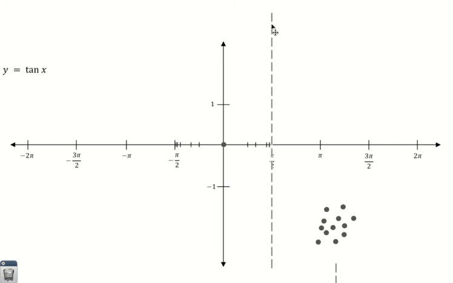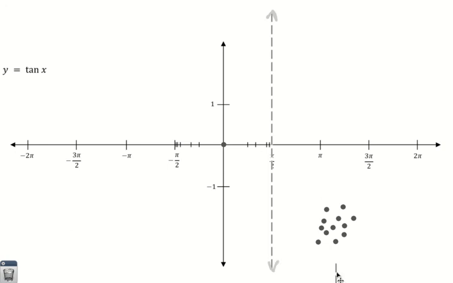So it's kind of like a force field that goes up forever. That vertical asymptote goes up forever and down forever. And like I said, there is no point anywhere on this vertical line, right?